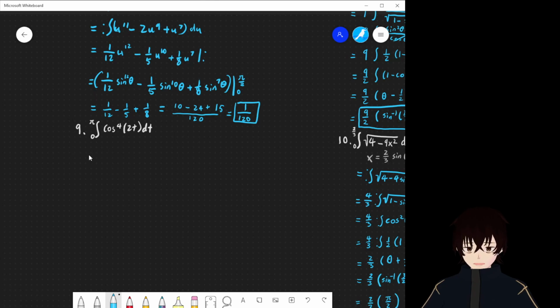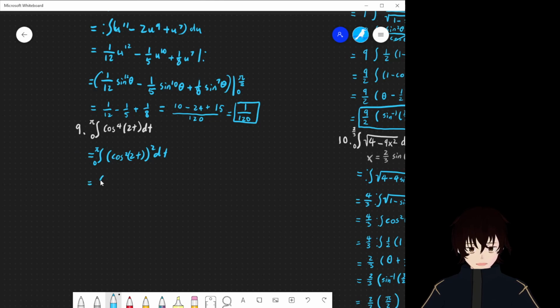I don't like this question as much, but we can still rewrite it. I think there's a better way about this: cosine to the power of 2t squared.